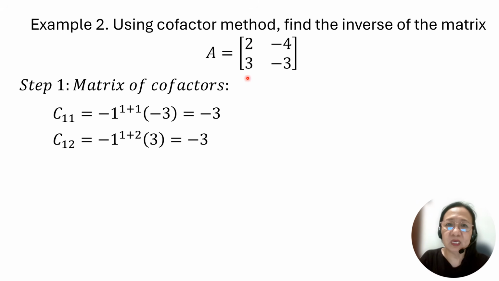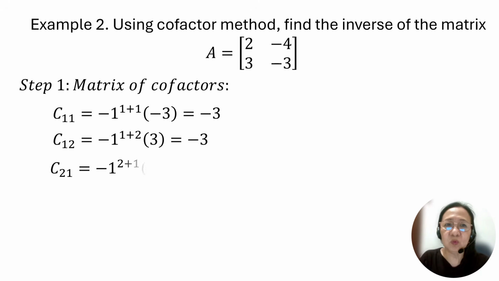So what is left is 3. Then simplify the result. We have here negative 1 raised to 1 plus 2, and that is 3. And 3 is an odd number, so we arrive at a negative sign here. So negative 1 times 3, that is now a negative 3.